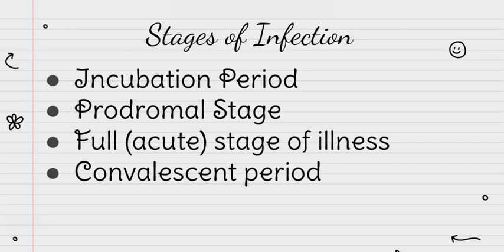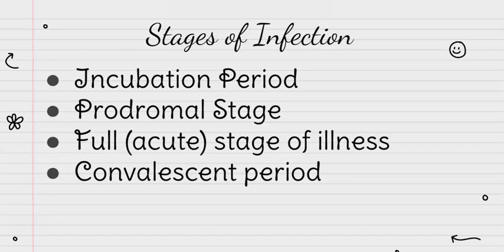The convalescent period is the recovery from the infection. Convalescence may vary according to the severity of the infection and the patient's general condition. And if you think about it, knowing the stages of infection can help prevent the spread of infection. Incubation period and prodromal are typically where the pathogen is most virulent and easy to spread.